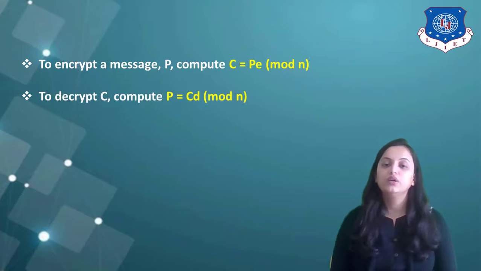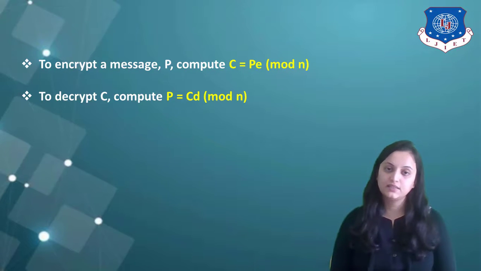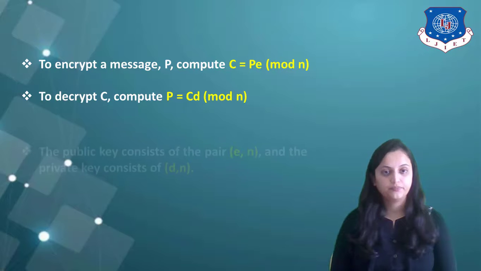Next, to decrypt the ciphertext, that means to recover the original message at the receiver side, based on the decryption algorithm, we need to compute P, that is equal to C to the power d, modulo n. These are the basic two formulas which are used for obtaining ciphertext and plain text.